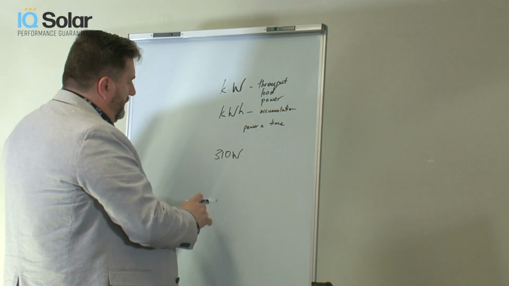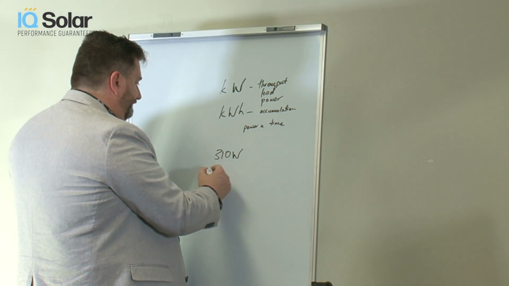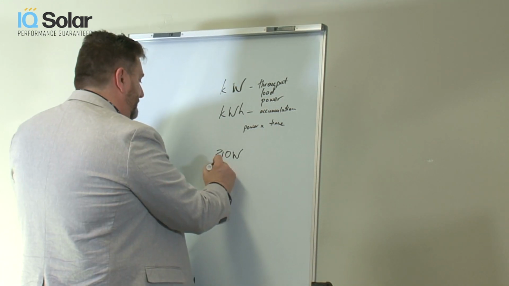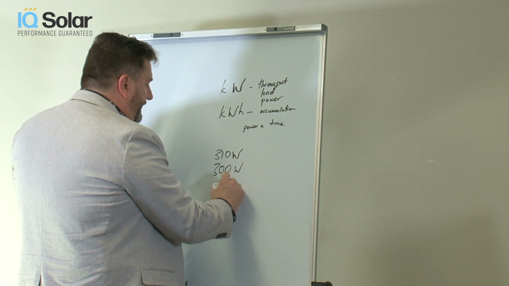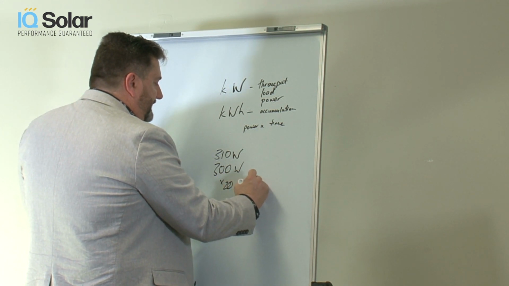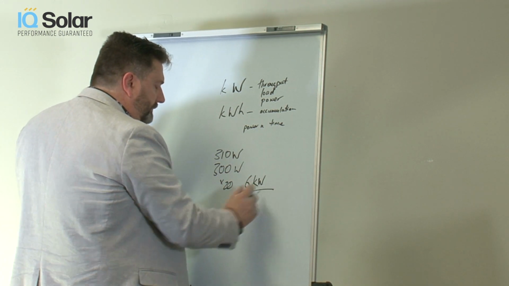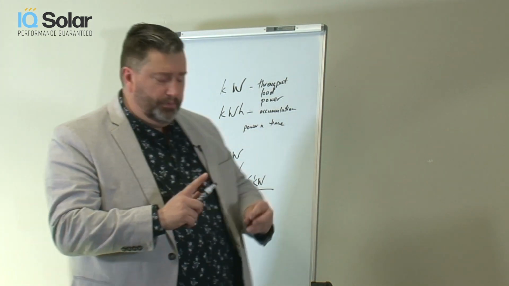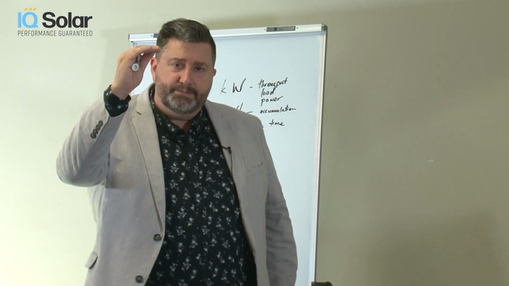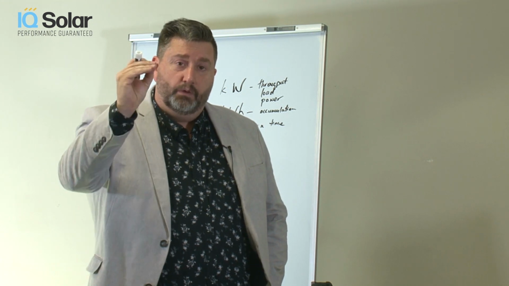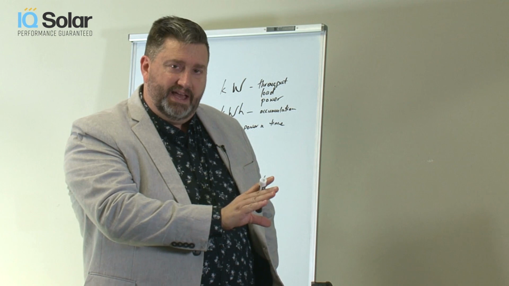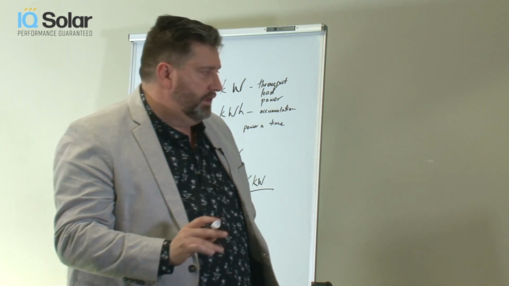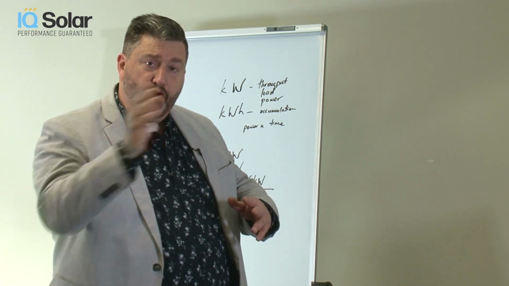If you had 20 of those, I'll make my maths easier, let's say it was 300 watts and you had 20 of these. That is then a 6 kilowatt system. That means that it's capable of producing at its maximum potential 6 kilowatts. As an aside, it very rarely does that, but that's for different reasons. But basically that's the throughput of the system.